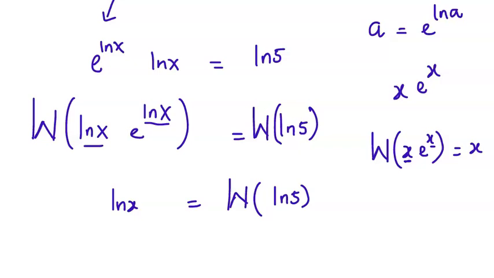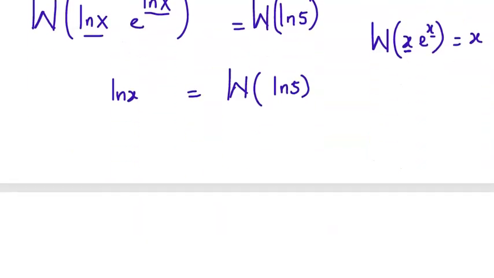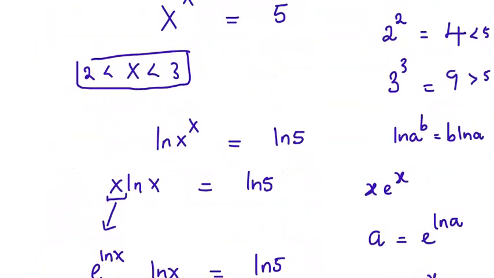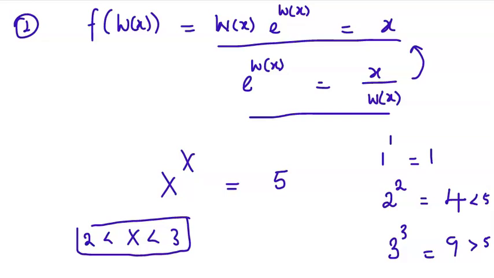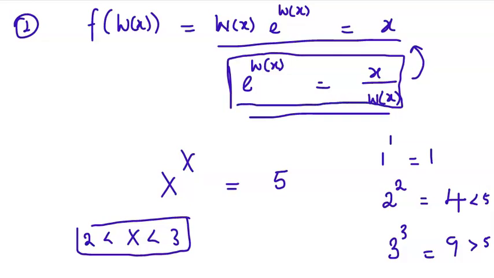Okay. So now we take the common base of e. So you see that from here x will be equal to e raised to the power of the W of ln of 5. So, well, actually, we have a property that we can use to write this. So let's check it out. Now look at this place. We see e to the power of the W of something is equal to that thing over the W of that thing, right?